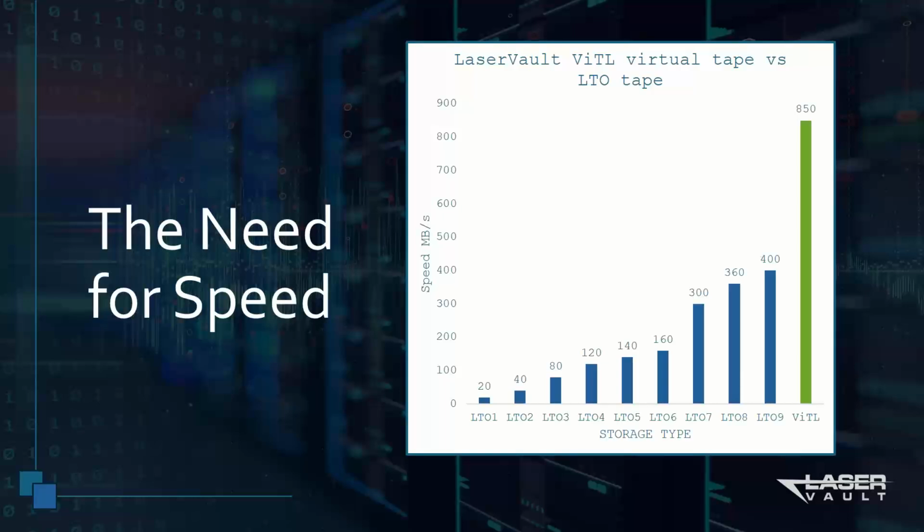This gives you a considerable opportunity if you wanted to change your current backup strategy to do more full saves. If there's currently not enough time available with physical tape to do as many full saves as you'd like, you can certainly look at changing your strategy, because you have the speed and now you have the time.